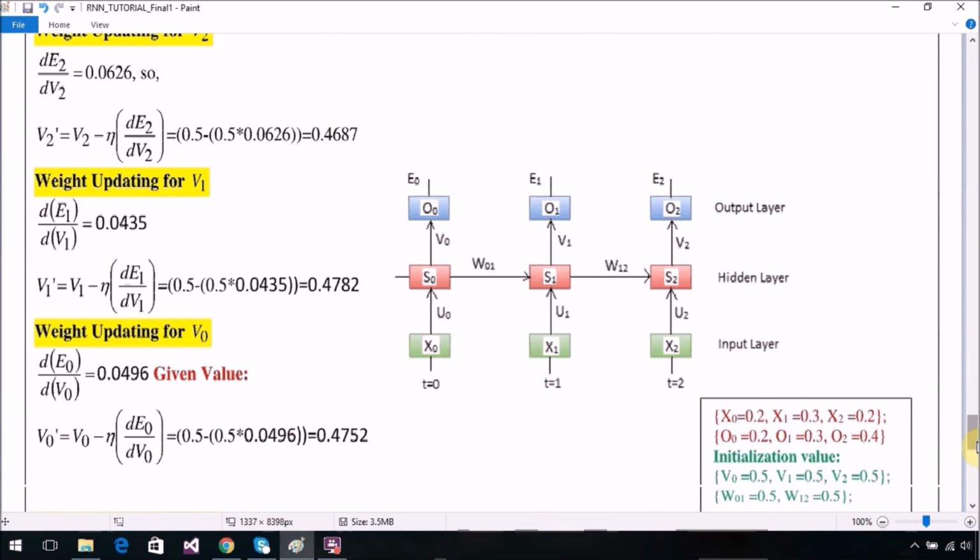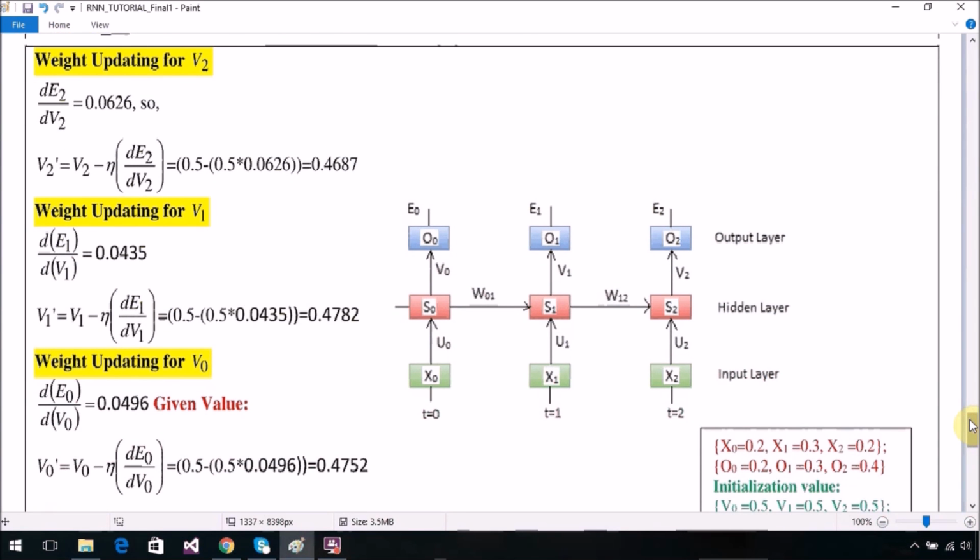Now we have gradient scores for B2, B1 and B0, W12 and W01. So we will use these gradient scores in updating the weights of B2, B1, B0, W12 and W01.